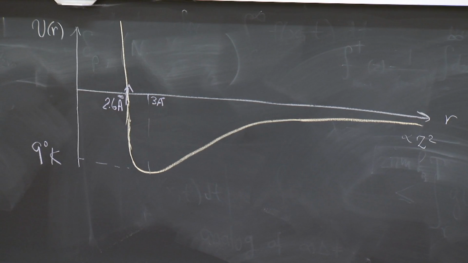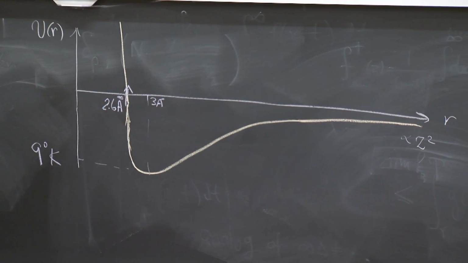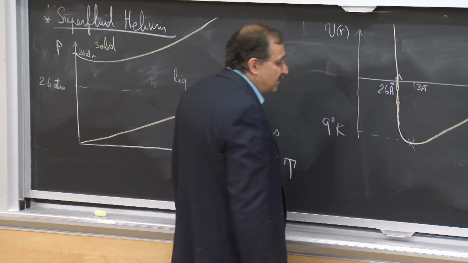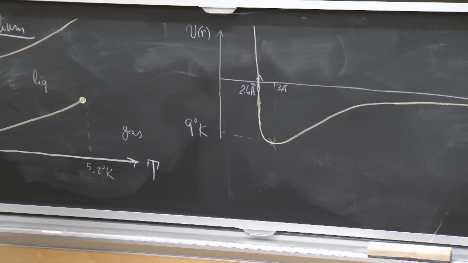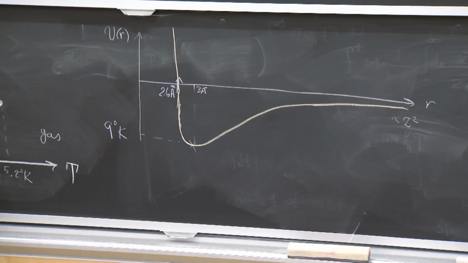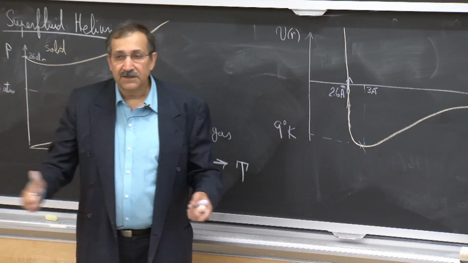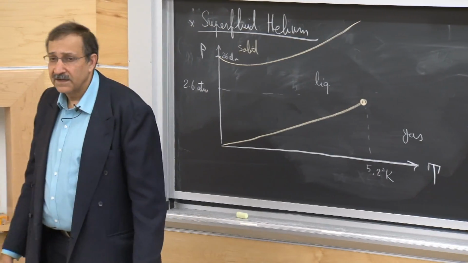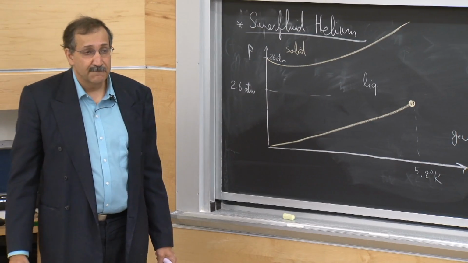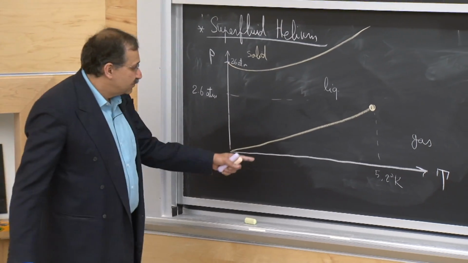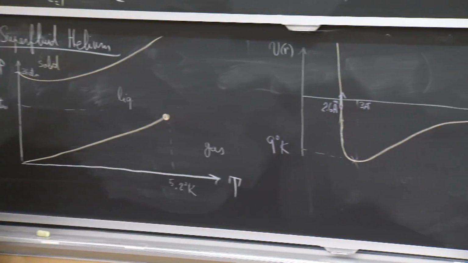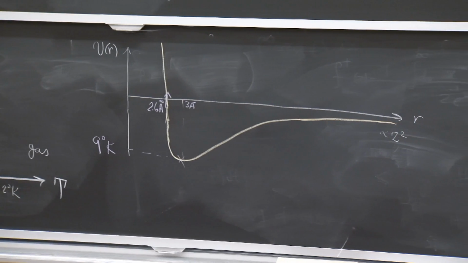You have these balls. They have these attractions. Now, typically, things become solid as you go to 0 temperature because you can find the minimum energy in which you put everybody at the minimum energy separation. So you form a lattice. Everybody is around this separation, and they're all happy, and that solid minimizes the energy. So why doesn't helium do the same thing? Maybe it should just do it at a lower temperature because the scale of this is lower. Again, the reason it doesn't do that is because of quantum mechanics.